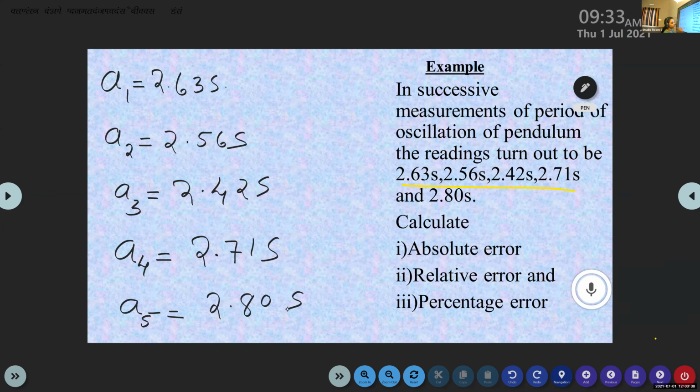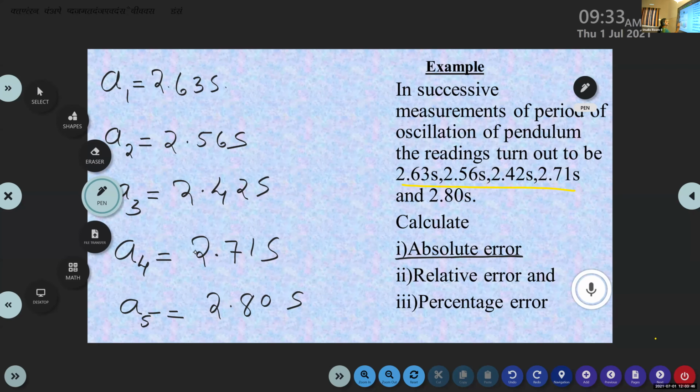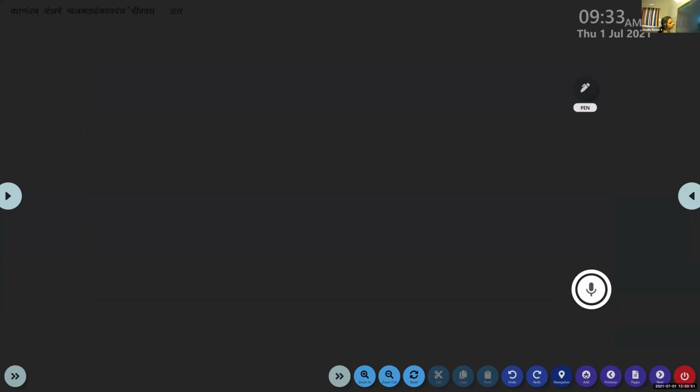And here, first of all, we want to calculate the absolute error. What is the equation for calculating the absolute error? Jyoti, what is the equation for calculating absolute error? Absolute error delta A1 equal to A1 minus A true value.